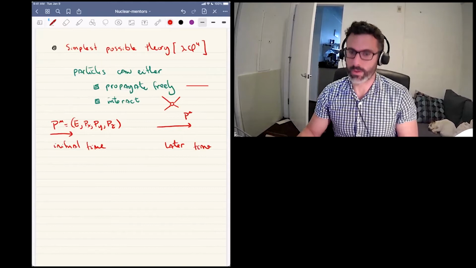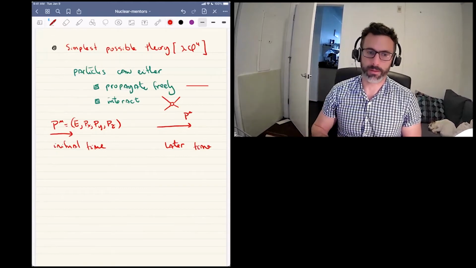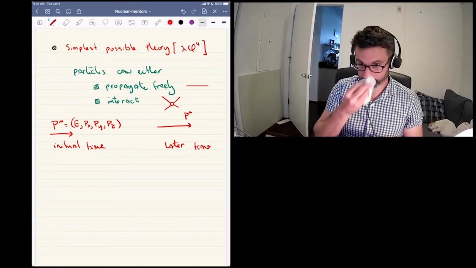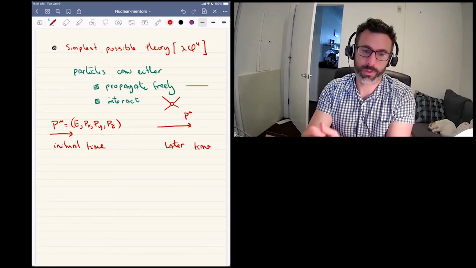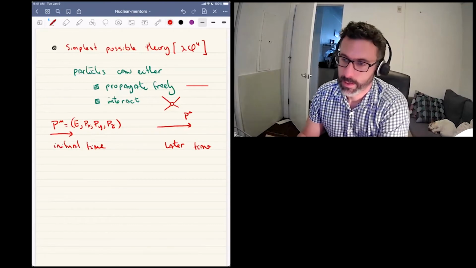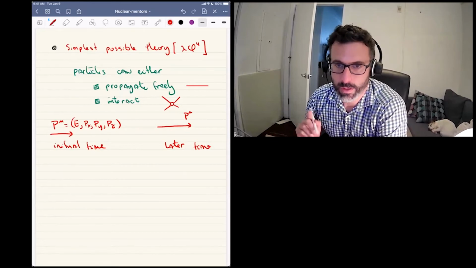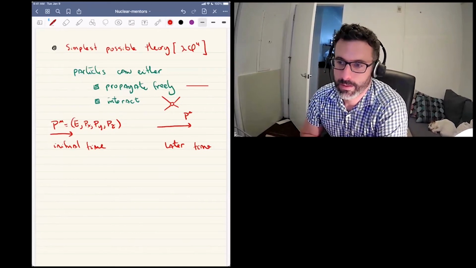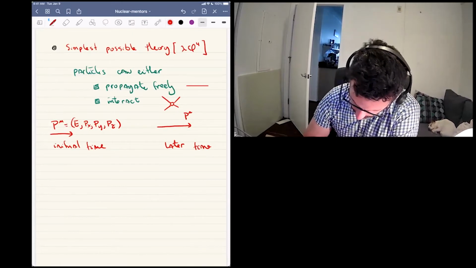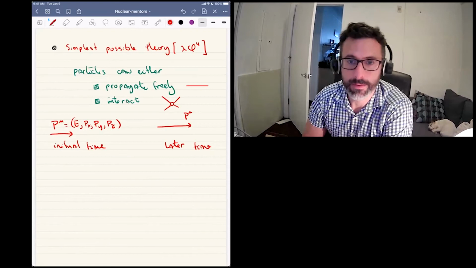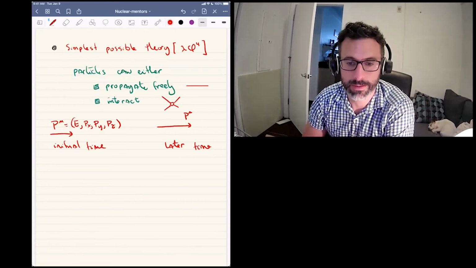Nothing else. If I have a single particle, nothing will happen to it. It will just continue propagating forever, traveling forward in time. We'll touch on in a second what the object is that describes this propagation. This is great, but it's a little boring. It's not telling me much.